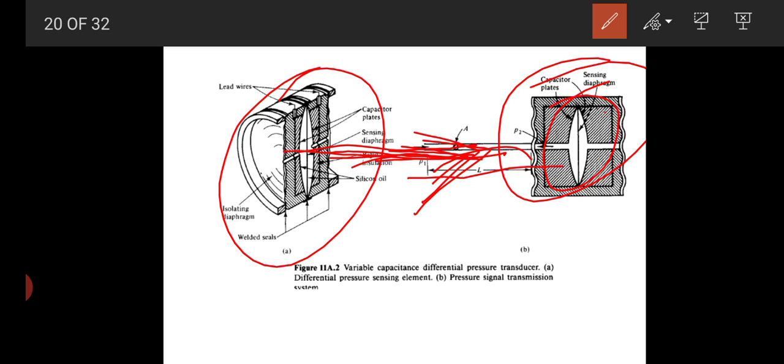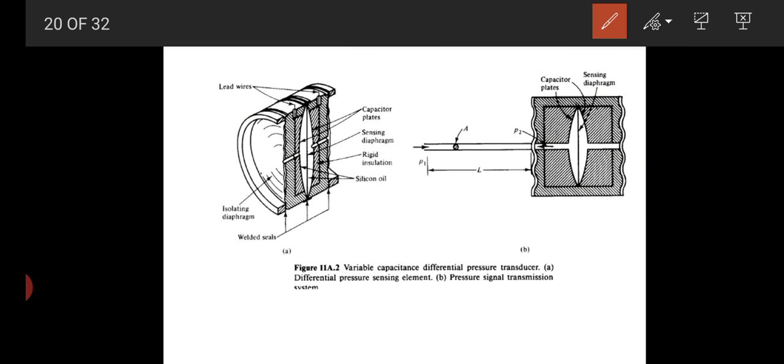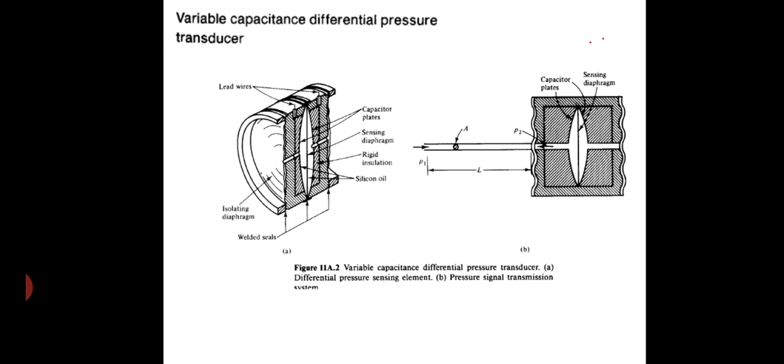A reference pressure will balance the sensing diaphragm on the other side. The position of the sensing diaphragm is detected by capacitor plates on both sides of the diaphragm. Again we will try to develop the transfer function for this also.